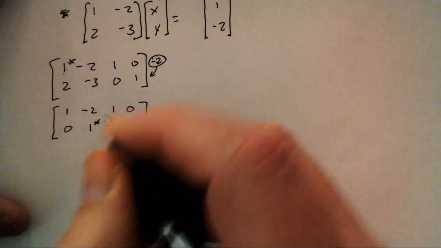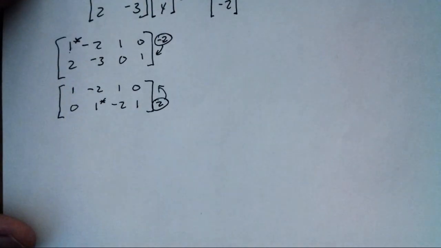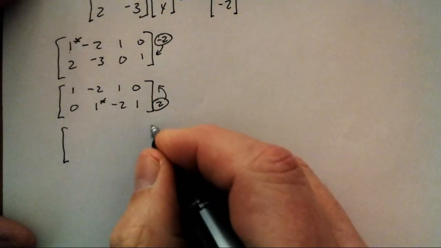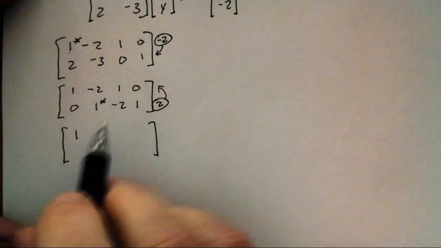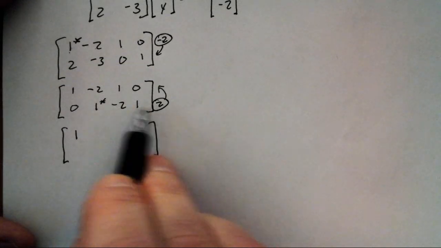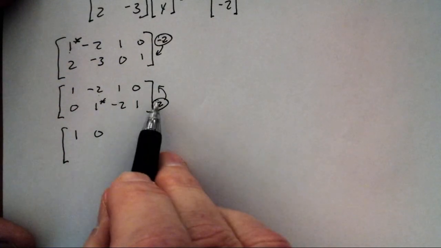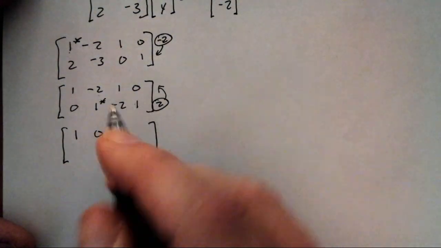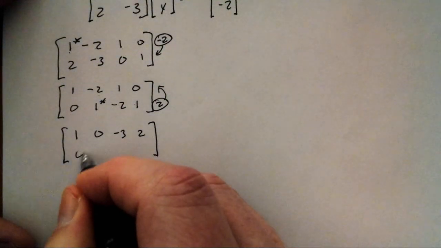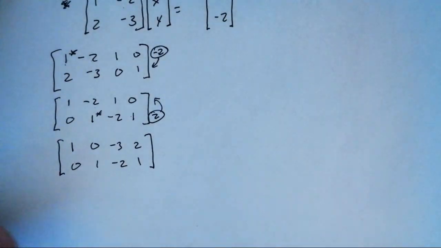And next, row 2 needs to be doubled and go pay a visit to row 1. Touching 0 and 1, 2 and negative 2, negative 4 and 1, negative 3, 2 and 0, 2. 0, 1, negative 2, 1. Now that is a very, very simple problem.